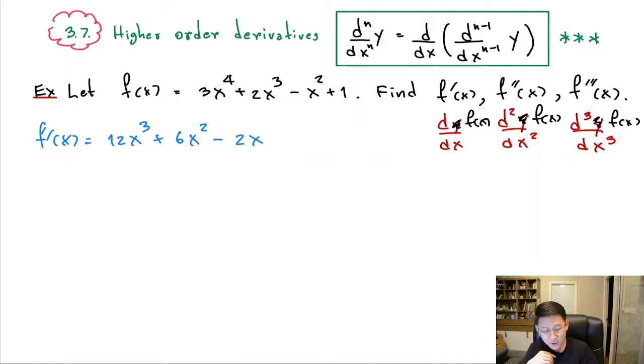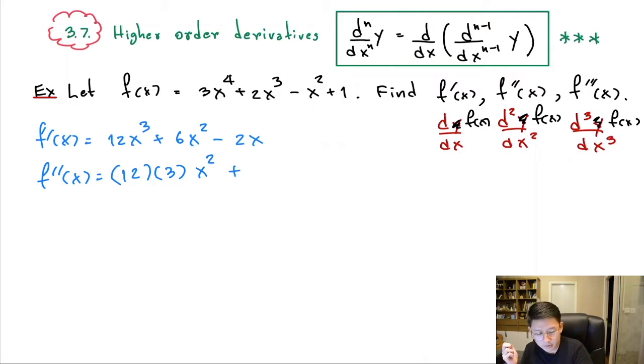Now f double prime of x. You take the derivative of the derivative, so you differentiate this function again. What you have is 12 times 3x squared plus 6 times 2x minus 2, which is 36x squared plus 12x minus 2.